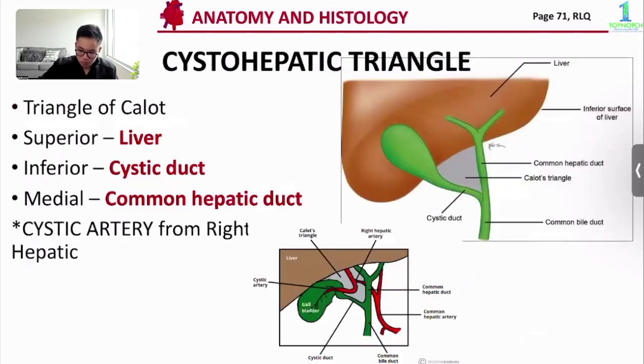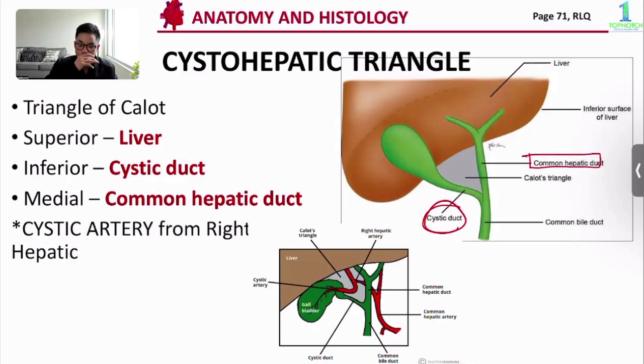Okay. Now, what about the cystohepatic triangle? Cystohepatic triangle is also known as your triangle of Calot. You have different boundaries for this. You have the superior, which is the liver area, the inferior, which is the cystic duct, which is this one, and then your common hepatic duct. What is the clinical significance of this?